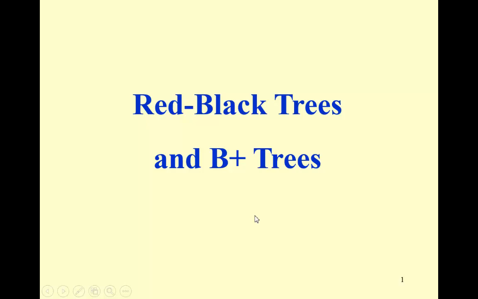Okay, so last week we talked about AVL trees and splay trees. The point is to speed up dynamic searching by maintaining a balanced tree so that the height of the tree is O(log n), and therefore all the operations can be done quickly in log n time.